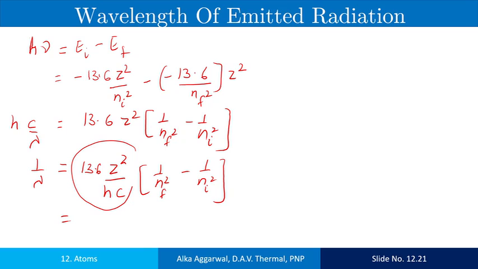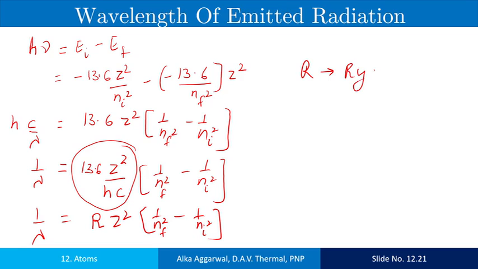This is a constant factor and it is equal to R. This R is called the Rydberg constant, and its value is 1.097 into 10 to the power 7 per meter.